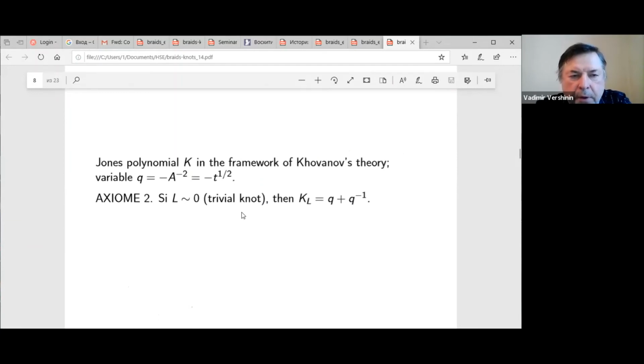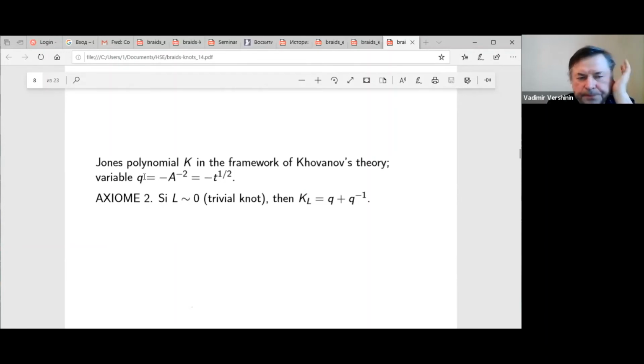And recently, the Jones polynomial was generalized to Khovanov theory. In the Khovanov framework, it is necessary to make some changes. So the variable should be different. It is intermediate between Jones t^(1/2) and A of Kauffman.